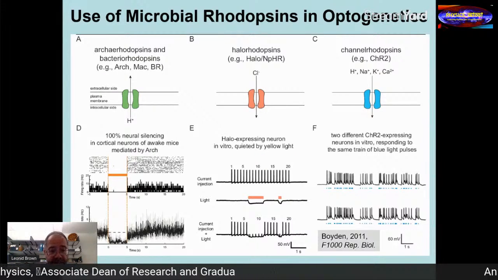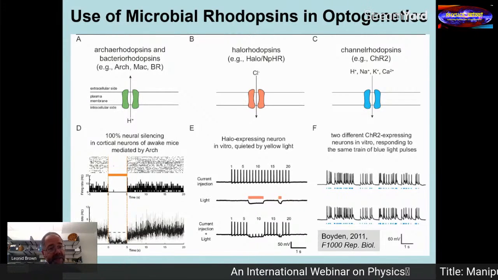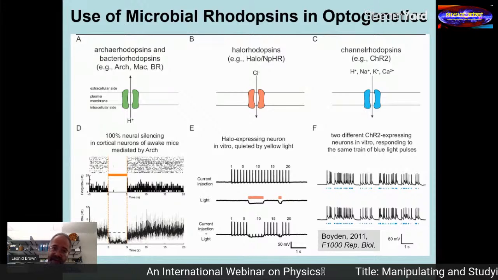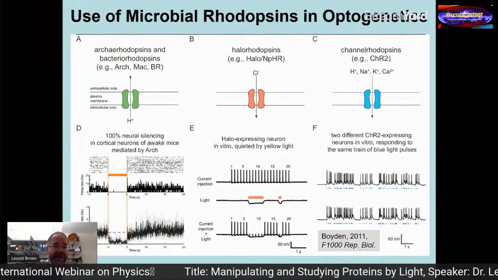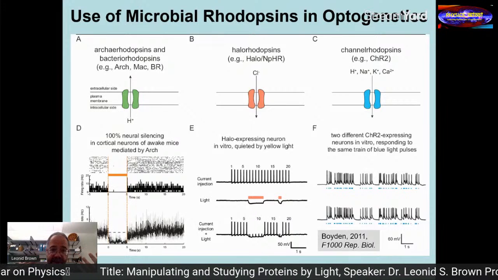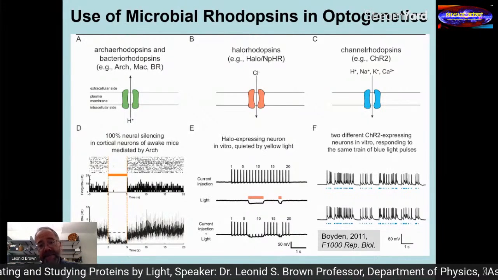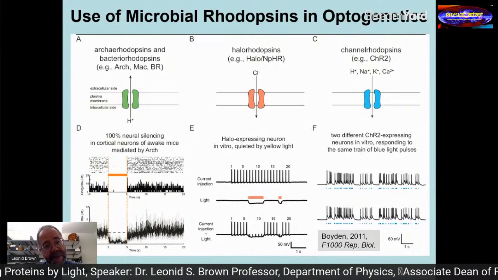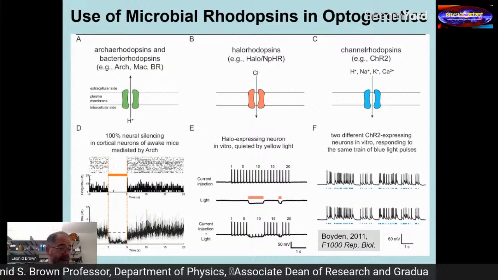And using these rhodopsins, you can suppress this uncontrollable firing, such as in epilepsy or Parkinson's. Or, on the other hand, you can create neural activity where it doesn't exist, such as artificial vision for blind people, or light-driven pacemakers for people who need more regular electric activity in their hearts.